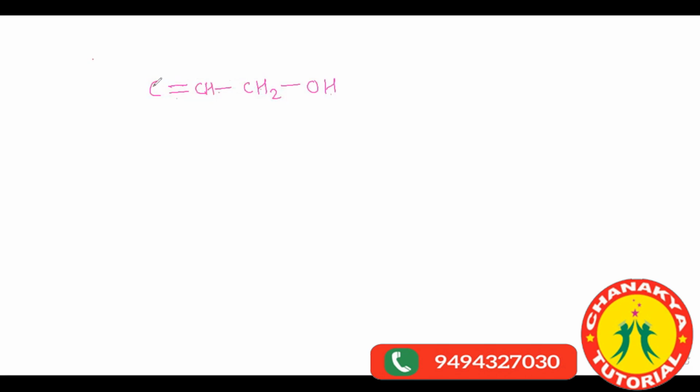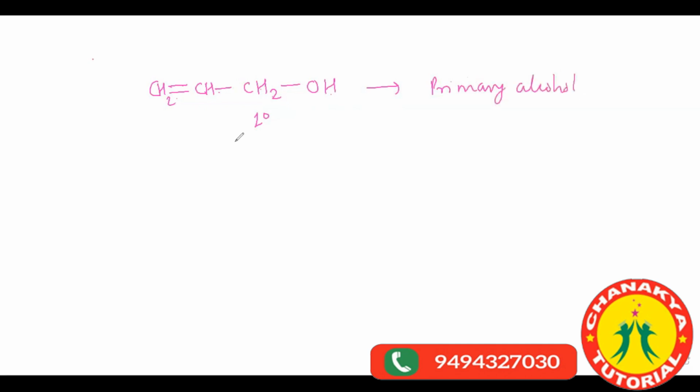And here 2 bonds are there, so it will become CH2. Clear? Valency is clear. Now you can check, this is the sp3 hybridized carbon. As it is sp3 hybridized, if it is attached to 2 hydrogens, it's a primary one. So this allylic alcohol would be a primary alcohol.